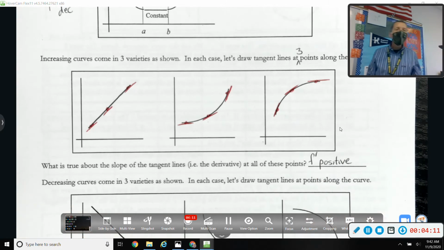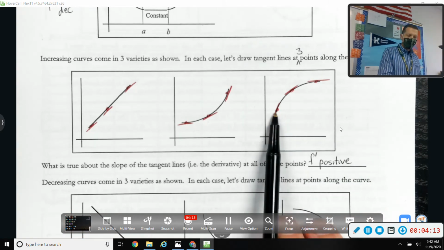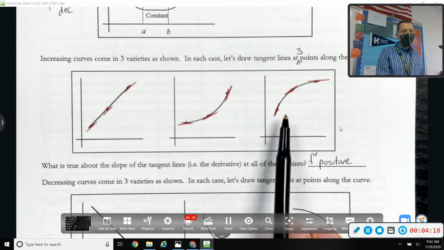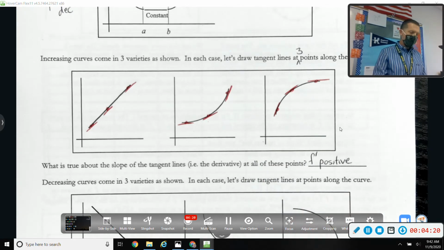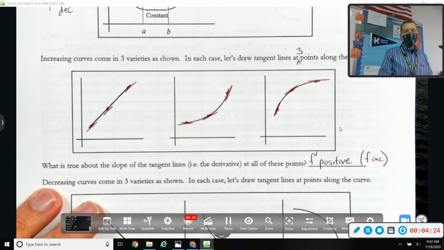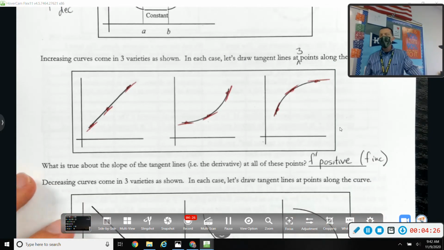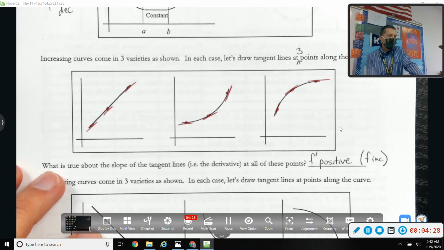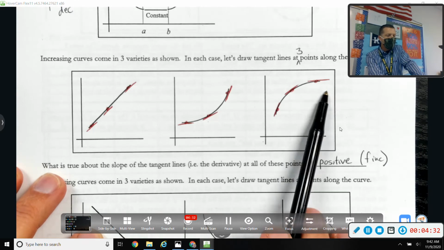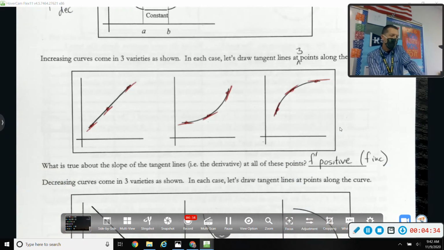Not f prime is increasing, because like on this last one, f prime is not increasing. F prime is actually decreasing, even though the slopes are positive. And we know this. If f prime is positive, that means f is increasing. That's kind of how we started this. These are all increasing curves, and so all of their slopes, anywhere you put them, are positive.